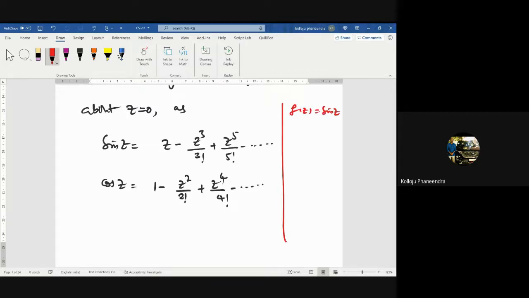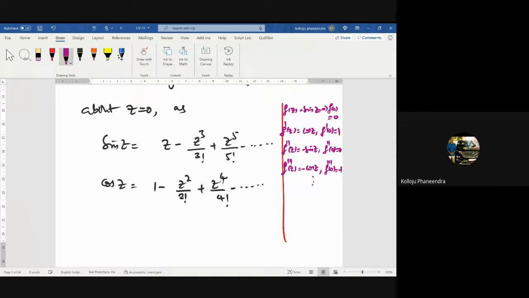Let me write clearly how to calculate these expansions. f of z equal to sin z, that implies f of 0 is 0. f dash z is cosine z, f dash 0 is 1. f double dash z is minus sin z, f double dash 0 is 0. f triple derivative is minus cosine z, so f triple derivative at 0 is negative 1, and so on.